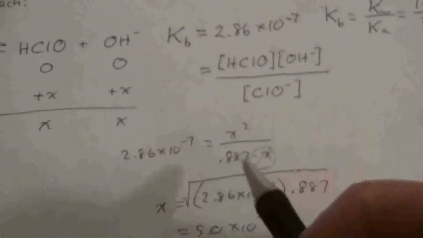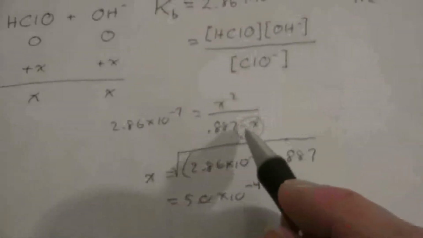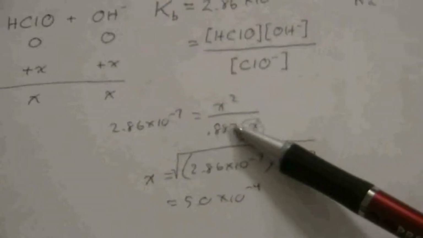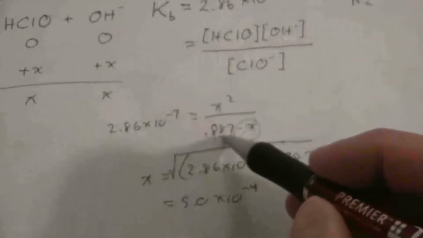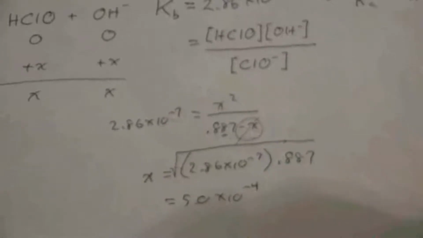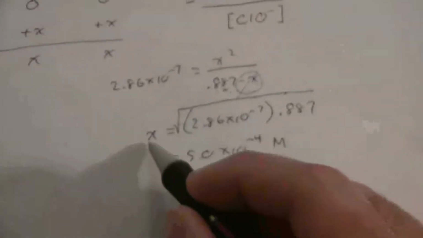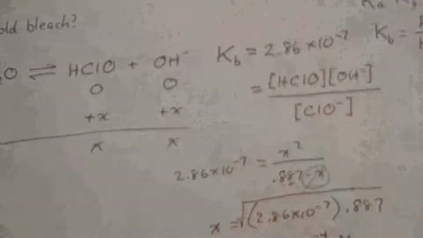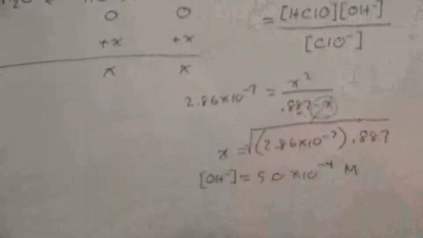Considering that this is really only good to two significant figures, we should be just fine there. 0.0005 would make the slightest difference at the thousandth place, but really our significance is only in the hundredth place, so we're fine with that value. This is the concentration of the hypochlorous acid as well as the hydroxide ion. Of course, we're more interested in the hydroxide ion.